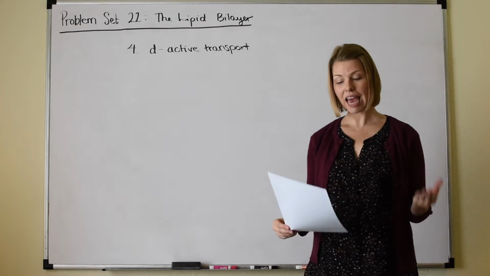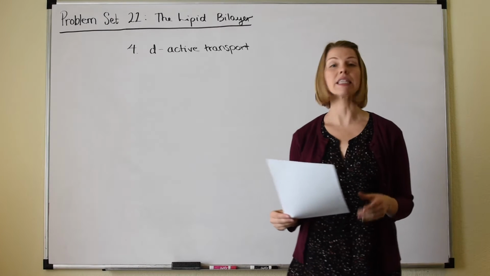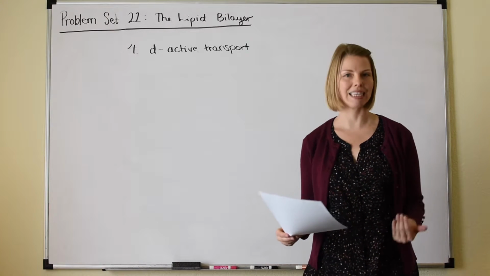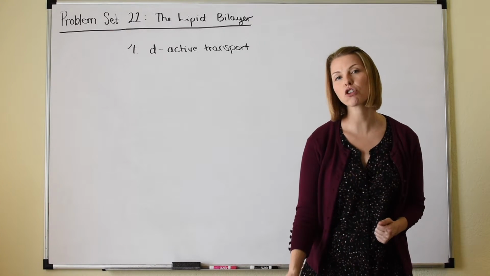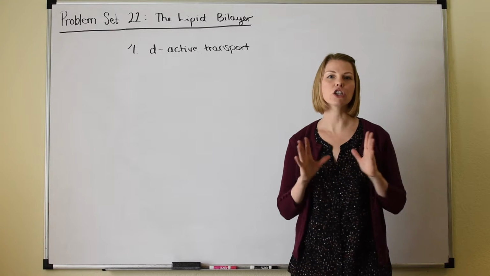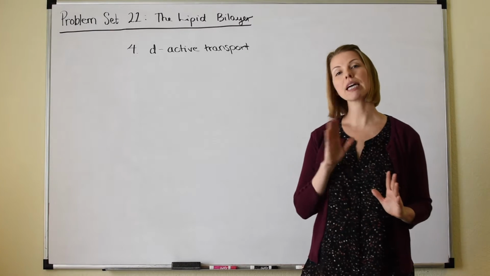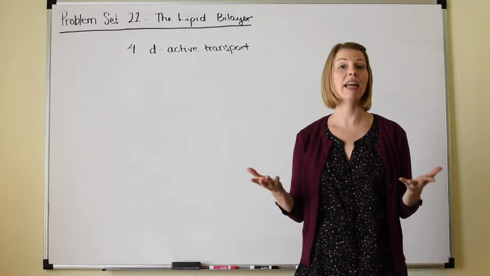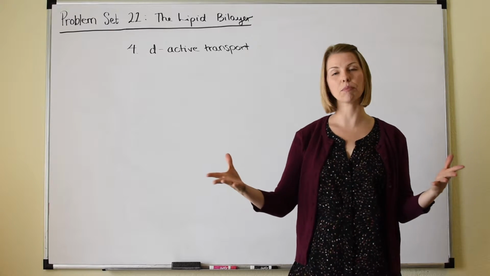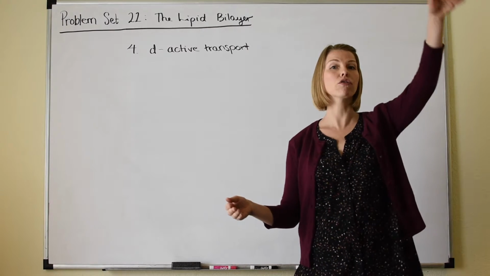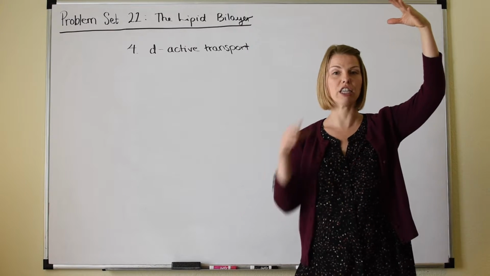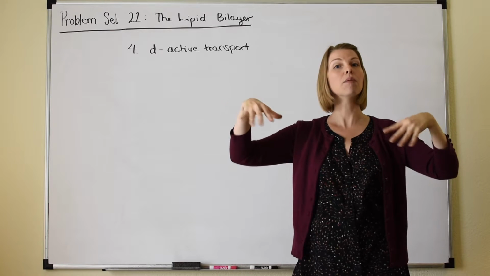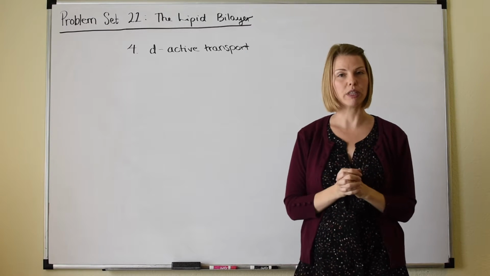Notice that A, simple diffusion, and B, facilitated diffusion, are just 2 types of passive transport. And passive transport does not use energy because passive transport relies on diffusion. That is, the natural tendencies of particles to spread out and flow from a region of higher concentration naturally to a region of lower concentration until both sides have reached an equilibrium.